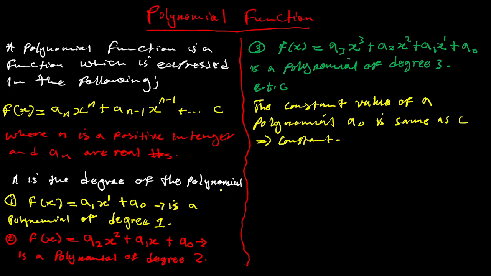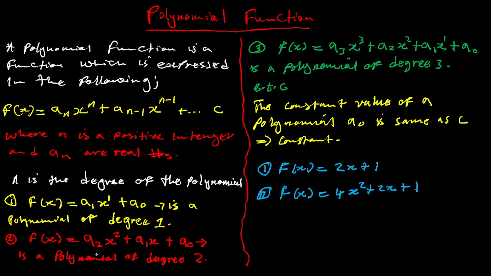Another one which you can talk about is the second one, which I've highlighted in 0. So f of x, let's say I write this one to be 4x squared plus 2x and then plus 1. So this one can just be the same as the one which I have written in red.